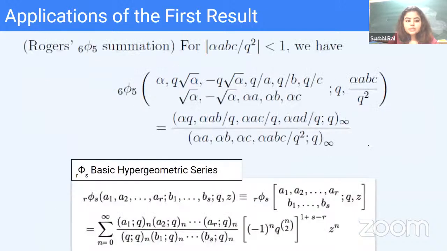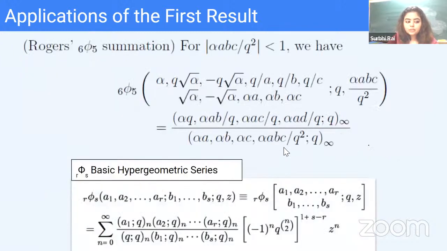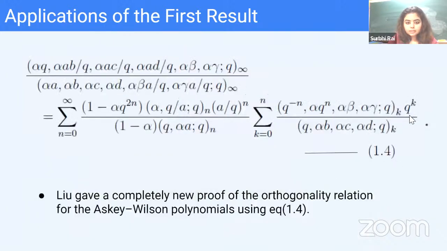Moreover, Rogers' 6phi5 summation formula can be recovered easily from it by replacing a few variables and simplifying this inner summation using one of the summation theorems. So we may regard equation 1.4, that is this expression, as an extension of Rogers' 6phi5 summation.